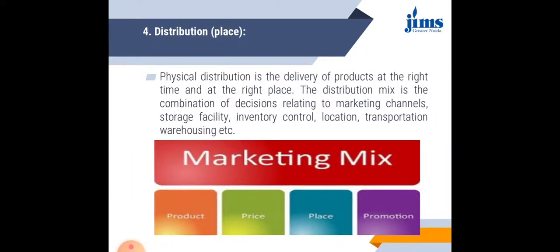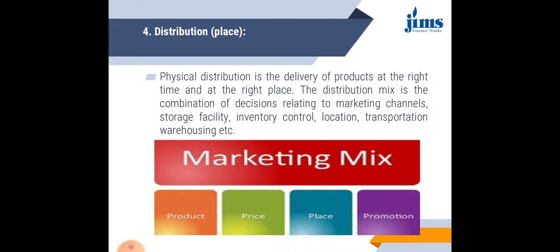Now we come to the fourth element, that is the distribution, which is called the place. That means physical distribution, that is the delivery of the products at the right time and at the right place. How products will be delivered at the consumer's end. So at what place, at what time, right.